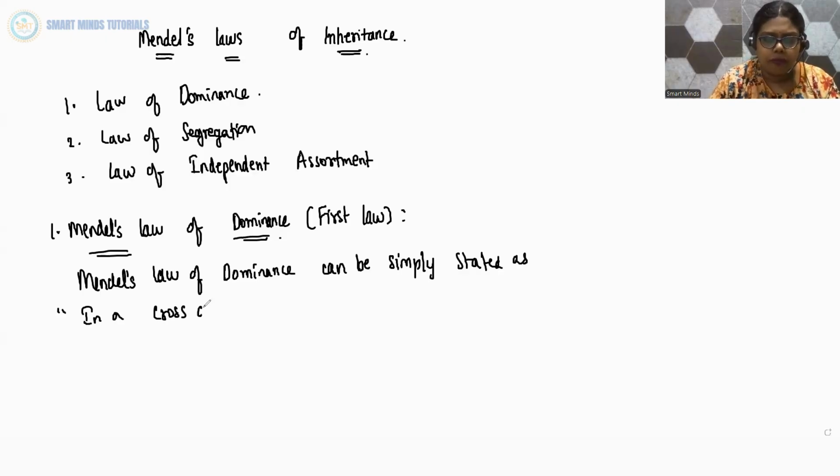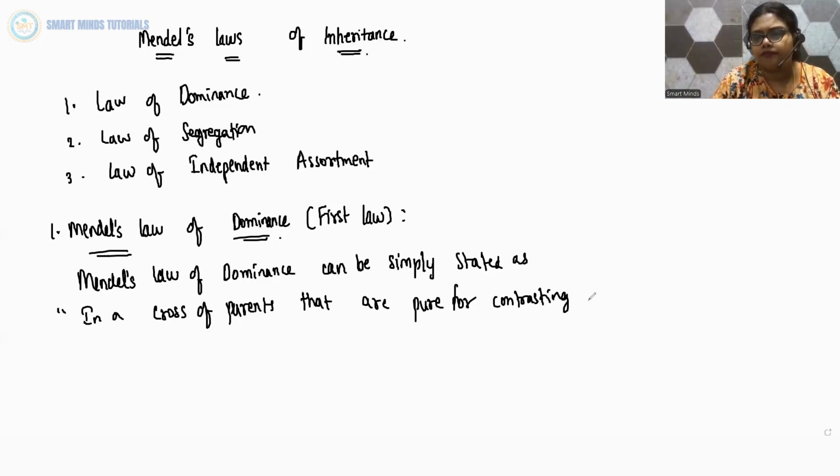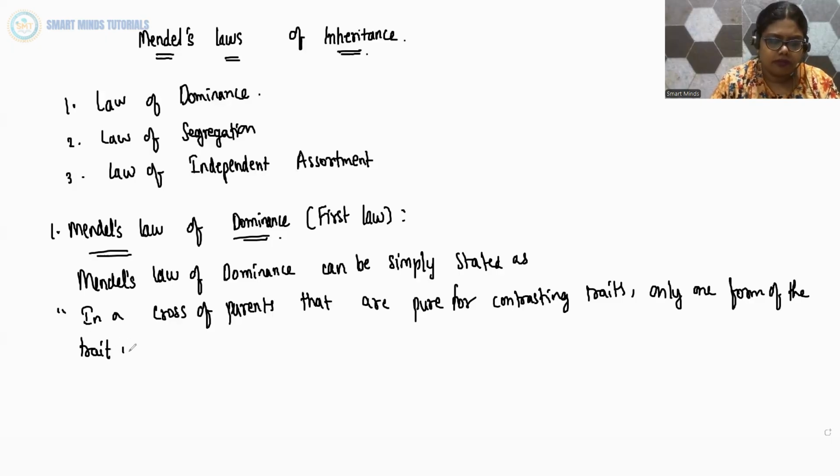in a cross of parents that are pure for contrasting traits, only one form of the trait will appear in the next generation.